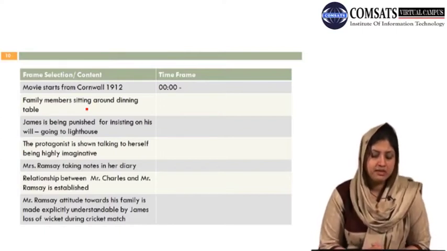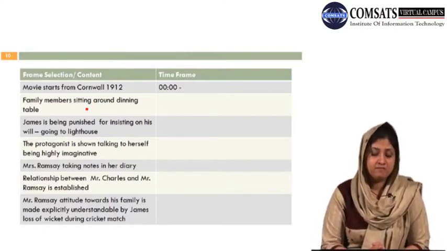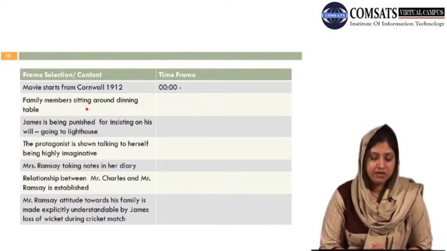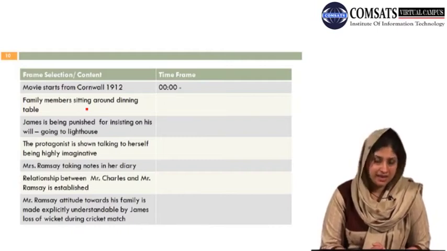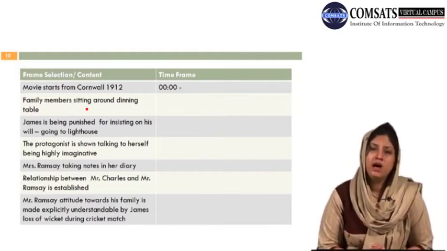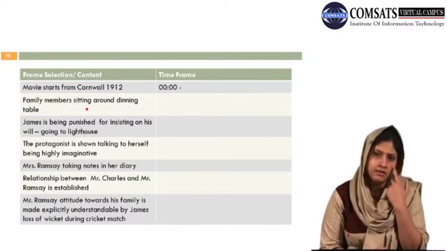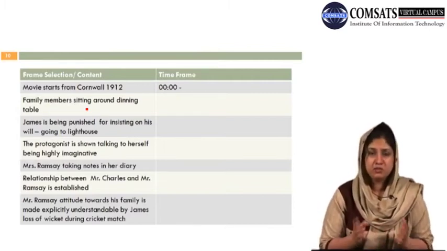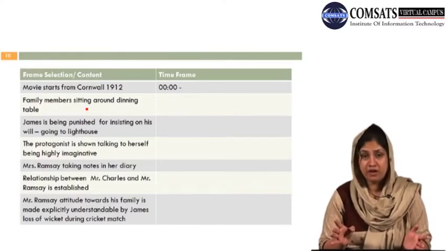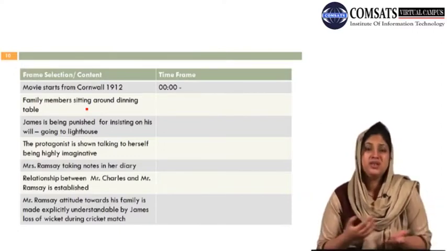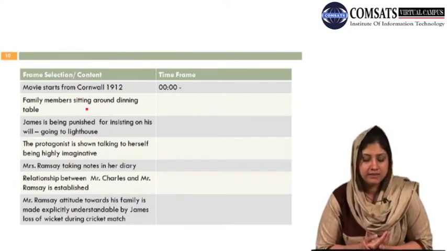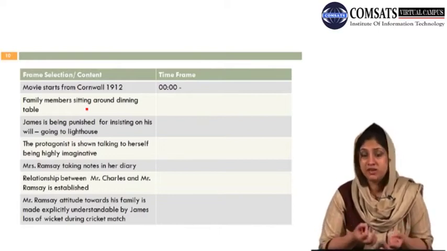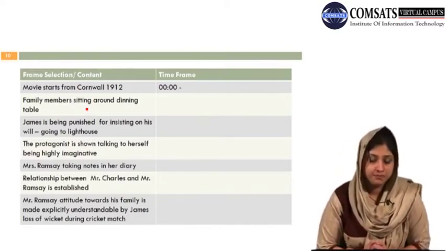Then we find that Mr. Ramsay's attitude towards his family is made explicitly understandable by James' loss of wicket during cricket match, and things get even clearer when we see how the family is indulged in playing a game by the beach, and how everyone is supporting James to be the smallest kid of the family and the youngest boy in the family, and then all of a sudden, when he loses a wicket, how he is dealt by Mr. Ramsay makes us understand Ramsay's position in his family as a father.